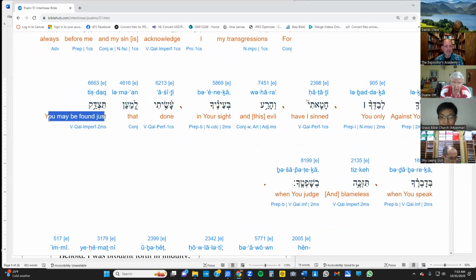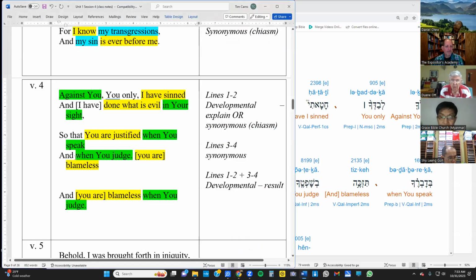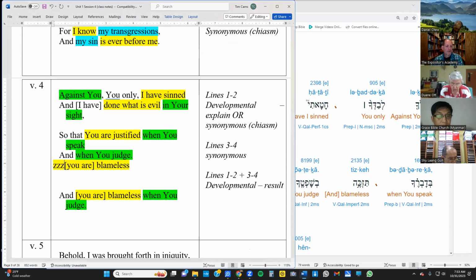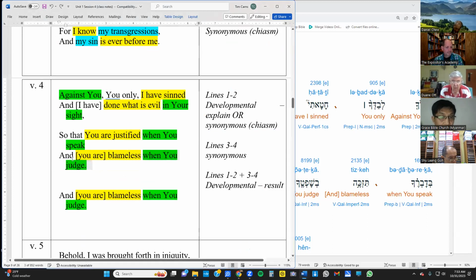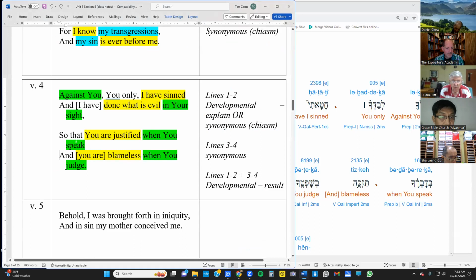You may be found just when you speak and blameless when you judge. All right, so it's not reversed. So I can go back and look at my English translation and say, okay, the English translation not only is a good translation as far as the meaning of the words, but also the order of the words. It matches the Hebrew text.